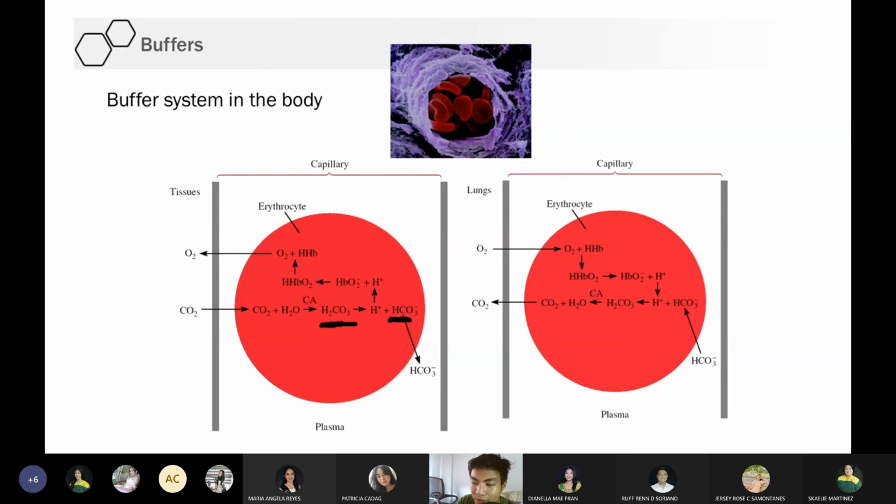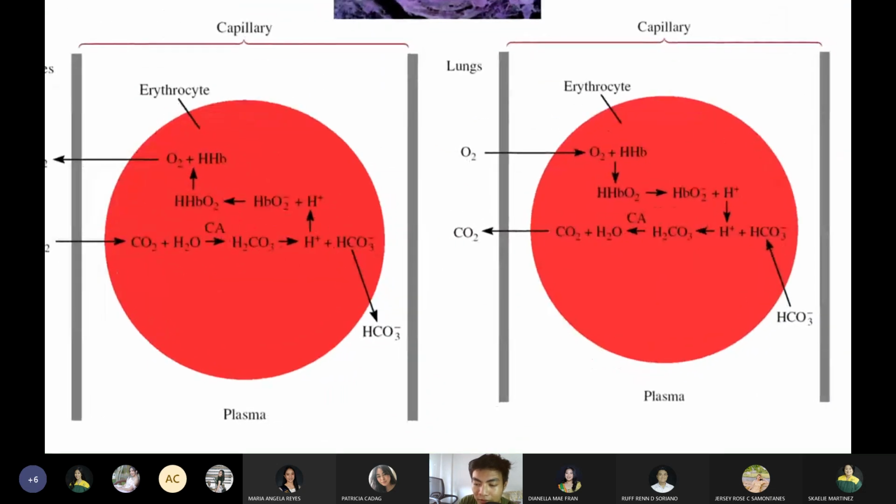Okay? So, punta na tayo sa ating last part for this session. So, sabi ko nga sa inyo, our body system has lots of buffers. Example doon is yun sa ating bloods, sa ating mga RBCs. Okay, so ito yung itsura ng ating blood.